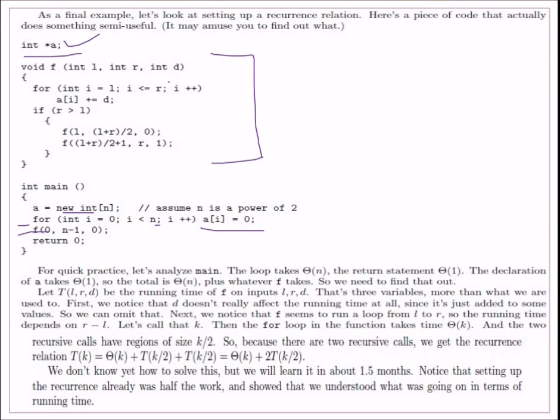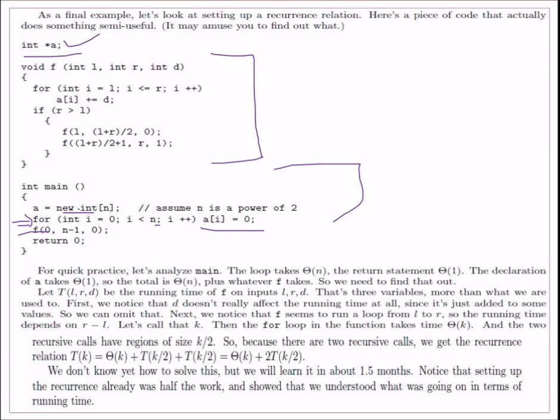But let us first analyze this main. The loop takes theta n, and the return statement is theta 1.